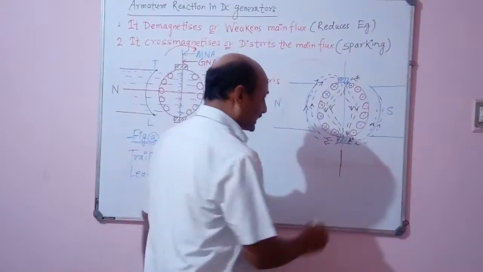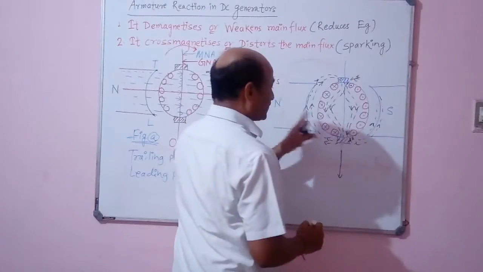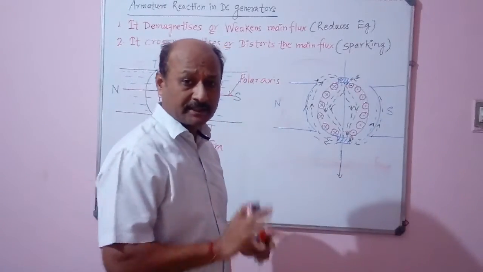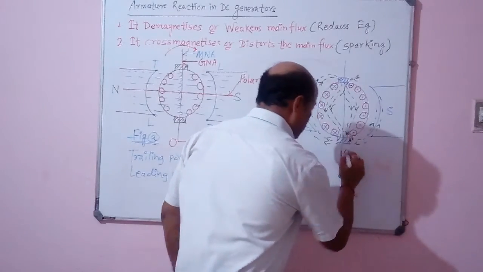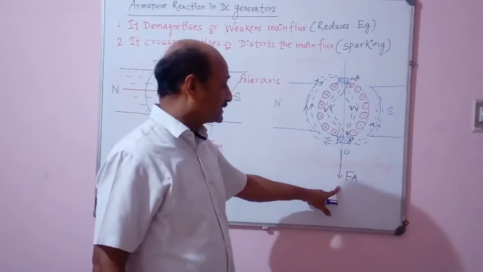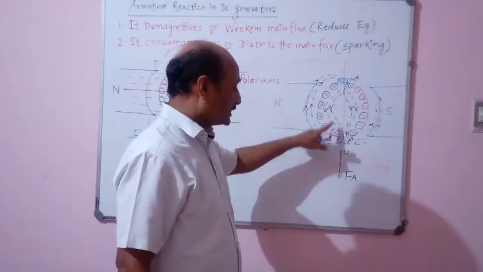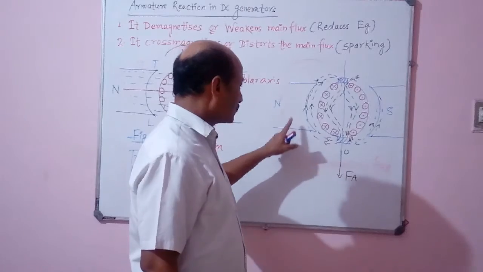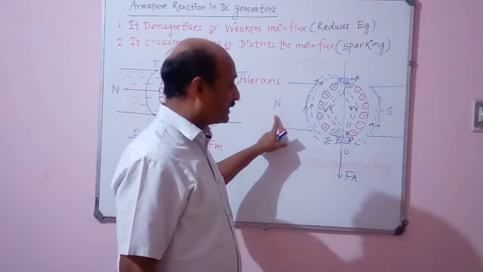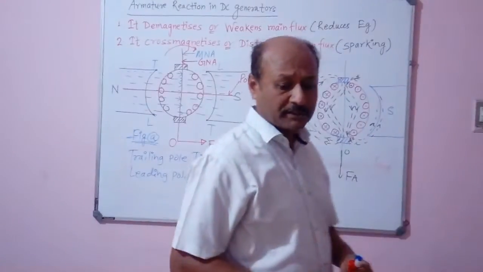Due to armature reaction, the armature conductors which carry only current and no main magnetic field produce the flux called OFA. So what is OFA? OFA is nothing but the armature conductor flux, under the influence of the N pole as well as under the influence of the S pole.